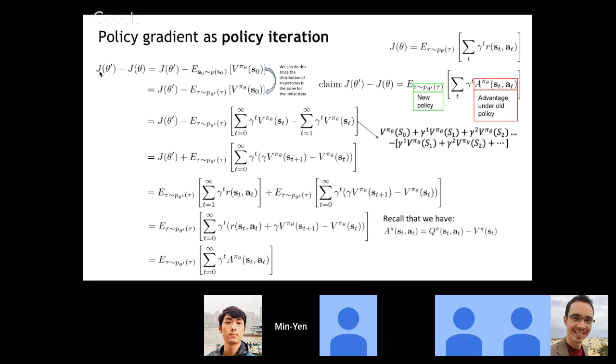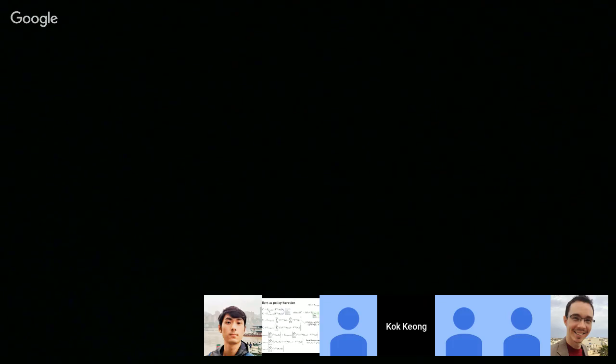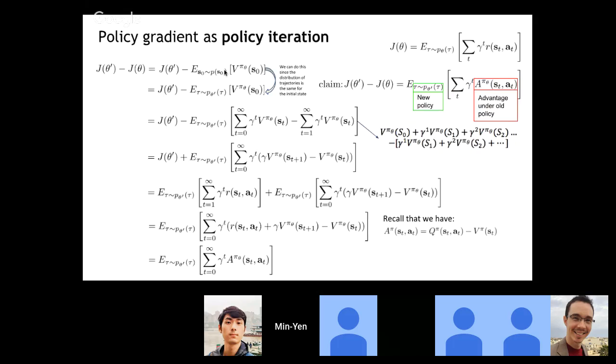So first, we define that we have this new policy theta prime, and then we have a sort of reward from it, and then we're taking a difference. So what we can do is expand out the J theta, which is the same as the expectation for a given policy for the initial state.